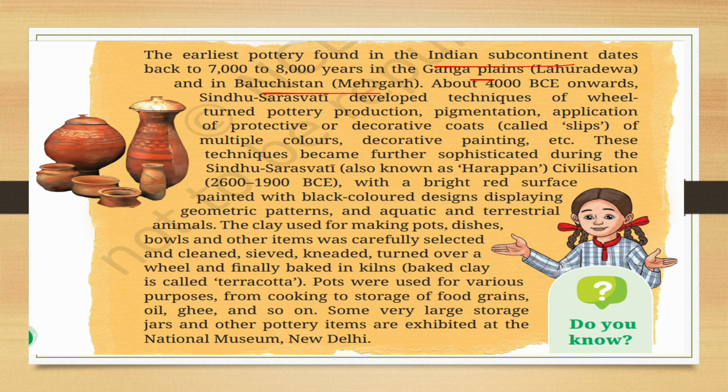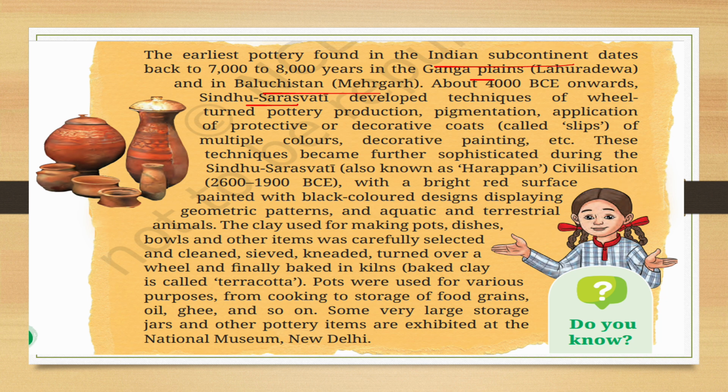From about 4000 BC onwards, the Sindhu Saraswati developed techniques of wheel-turned pottery production. Pigmentation: application of protective or decorative coats called slips of multiple colors, decorative painting, etc. The Indus Valley civilization, which flourished around 4000 BC, was one of the world's earliest urban civilizations.